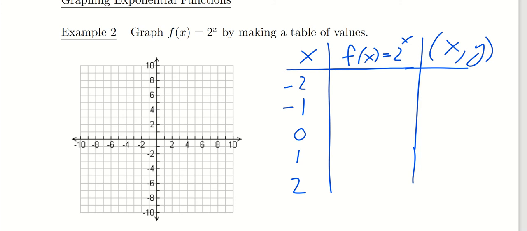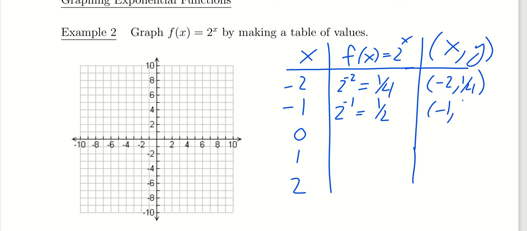For the first one, if we plug negative 2 into the function, that'll give us 2 to the negative 2 power, which would be 1 over 4, meaning the point negative 2, comma 1/4 will be on there. 2 to the negative first would be 1/2, that's 1 over 2. So we get the ordered pair negative 1, comma a half.